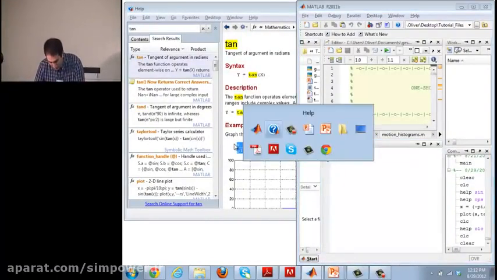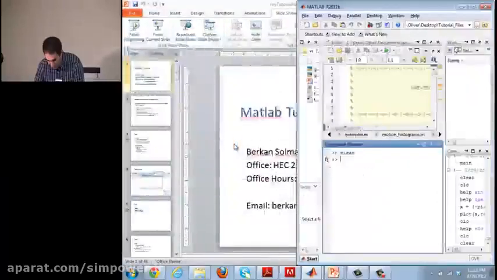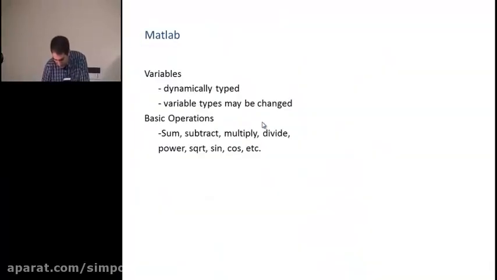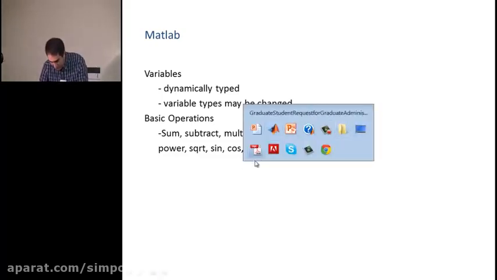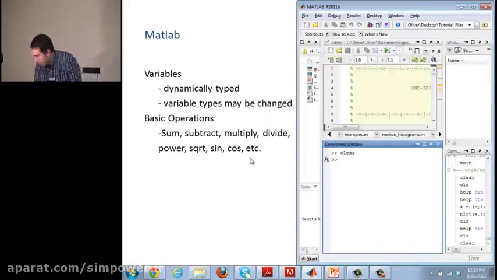So let's go to the presentation again. The variables in Matlab are dynamically typed, and you don't need to worry about the types of the variables. When you do some operations, they may change. Also I'll show you here some basic operations. For example, let's define some variables first.